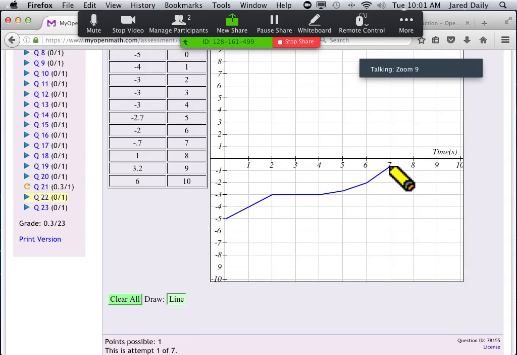And from 7 to 8, I go to 1, so I go all the way up to +1. And then from 8 to 9, I go to 3.2. And then from 9 to 10, I go up to 6. And then I'm done.